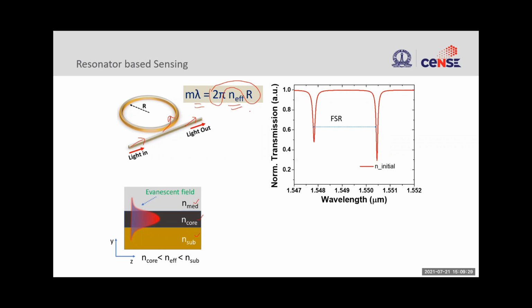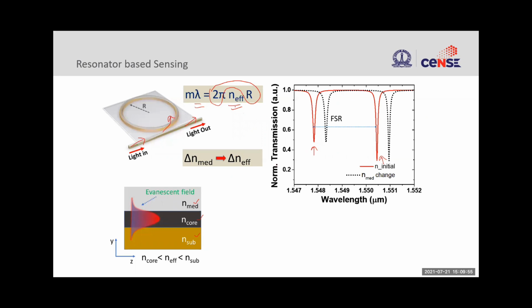Put together, you form an optical path length. If you look at this standalone response without any change, that's a reference measurement, and you get these nice dips corresponding to the phase matching that we see here. When there is a change in the environment, the effective index changes.